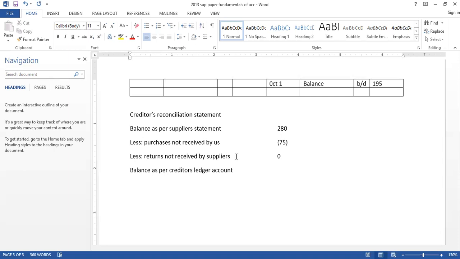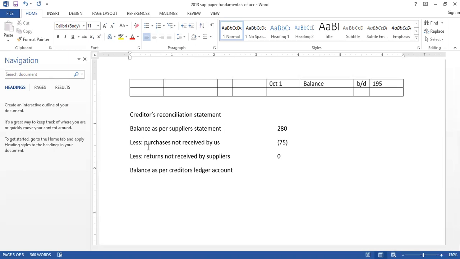That's why in our books it's shown as bank and discount 210, but the suppliers only recorded the 200. They forgot to record the discount. Therefore, the discount is still included in the 280, and we will need to subtract it out of the 280.